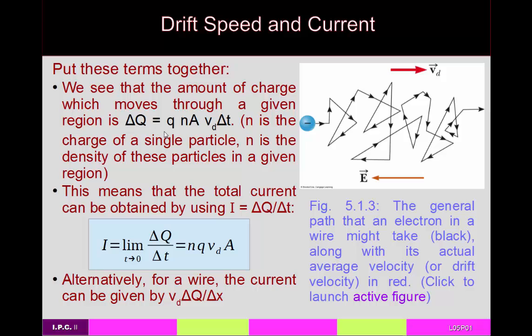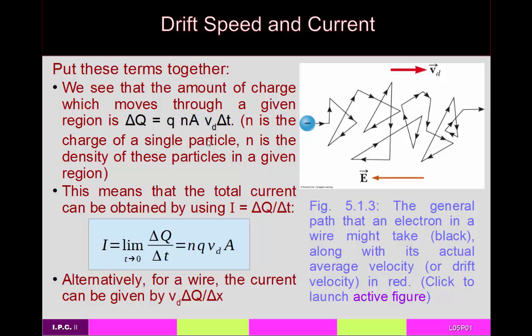So we can put all these terms together. Basically, what we see is the amount of charge which moves through a given region is delta q equals q n A delta x, and delta x can be rewritten as Vd delta t. And if we divide both sides by delta t, you get delta q over delta t is equal to q n A Vd.